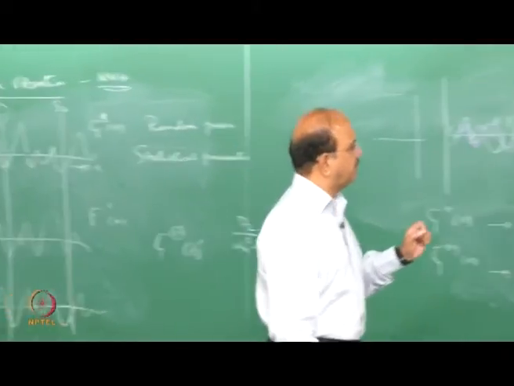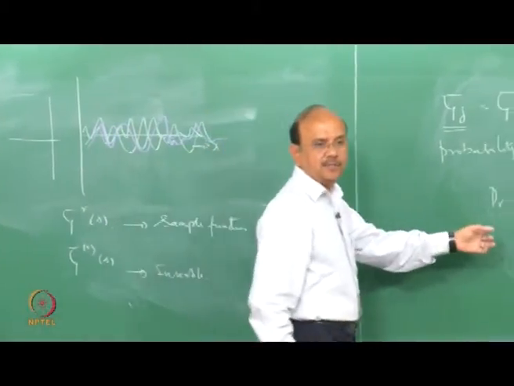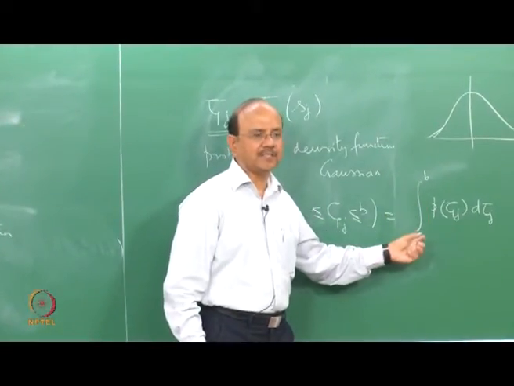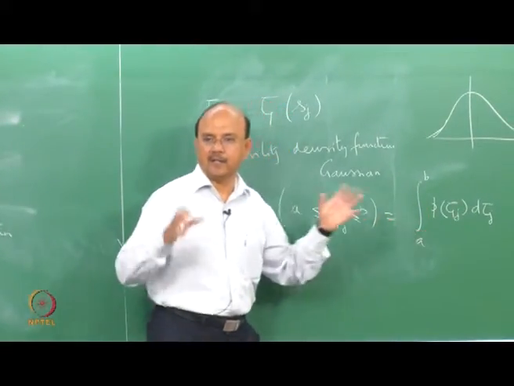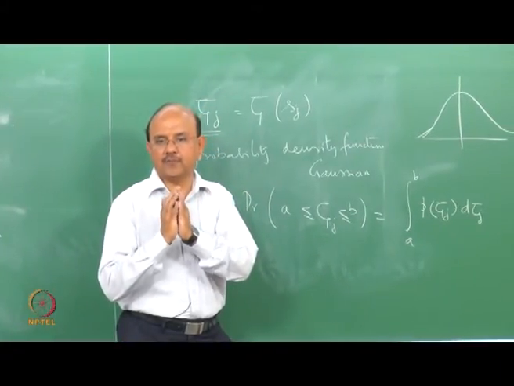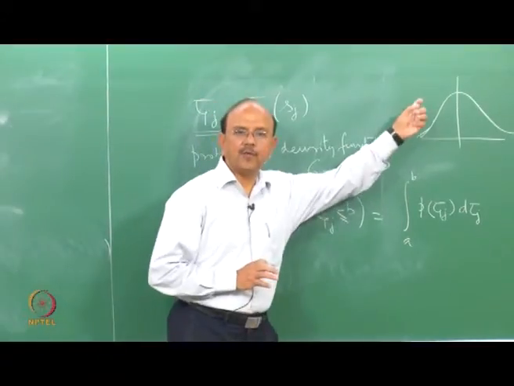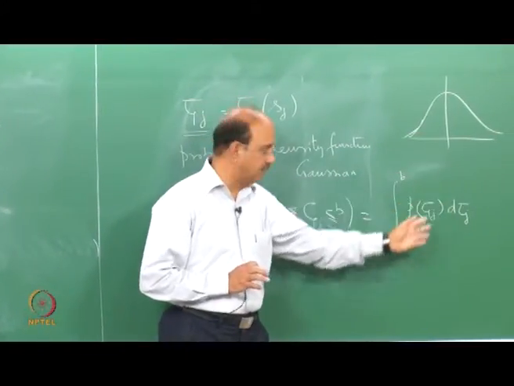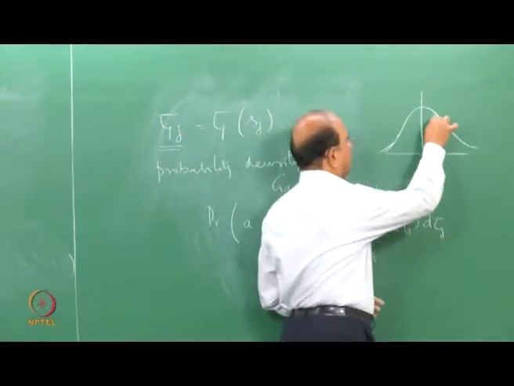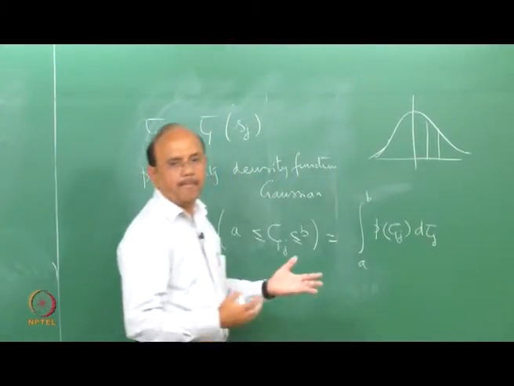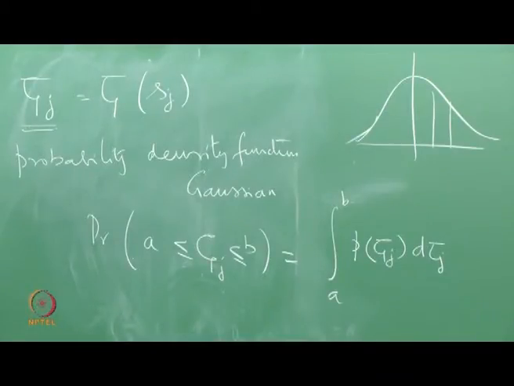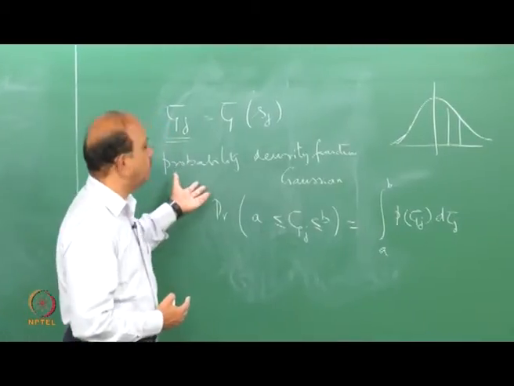Is that clear? This is quite straightforward. The probability is nothing but the area under the curve from A to B. The probability density function gives you the probability versus zeta j, and then you take the area between, say, A and B to get the probability.